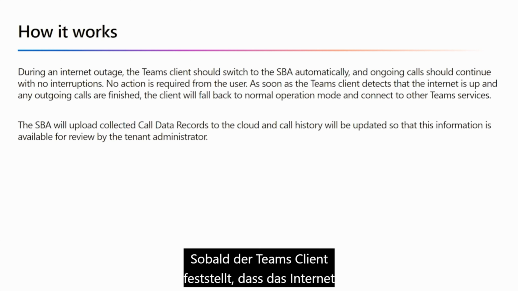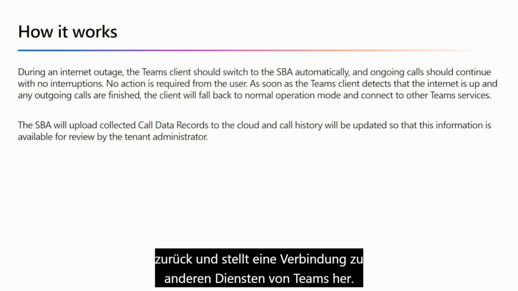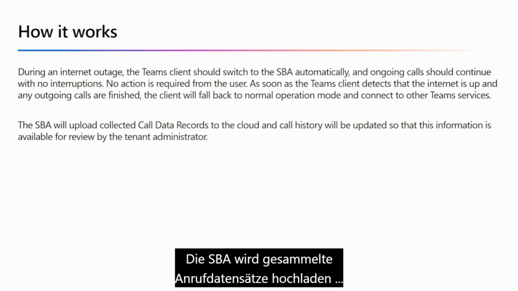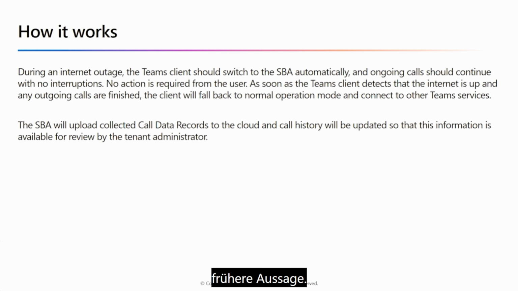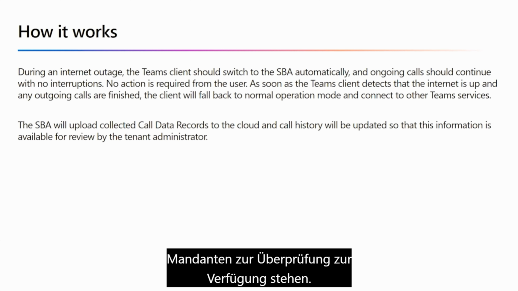As soon as the Teams client detects that the internet is up and running and any ongoing calls are finished, the client will fall back to normal operation mode and connect to other Teams services. The SBA will upload collected call data records to the cloud, and call history will be updated so that this information is available for review by the tenant administrator.